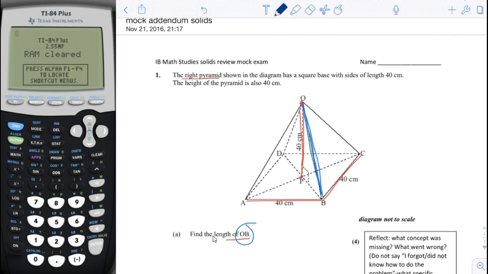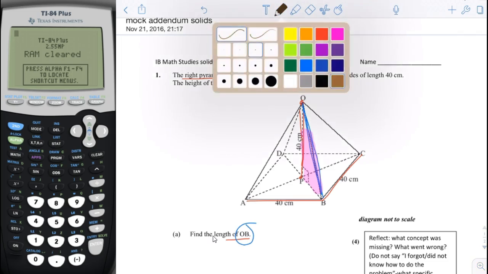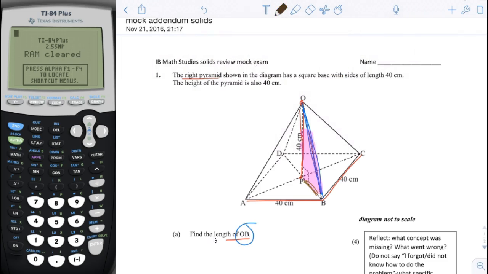Okay, so we need to find that length. Let's see. I have a triangle here that has OB on one side, and it's got the vertical height of 40 centimeters on another part of the triangle. The only thing we don't know is this length right there.